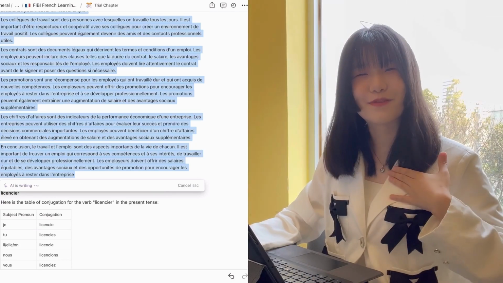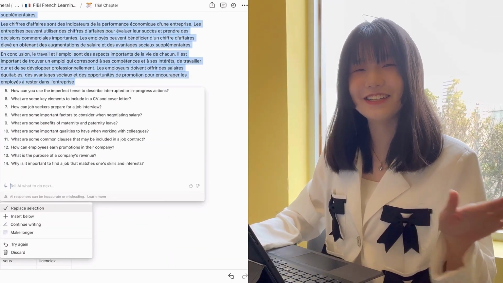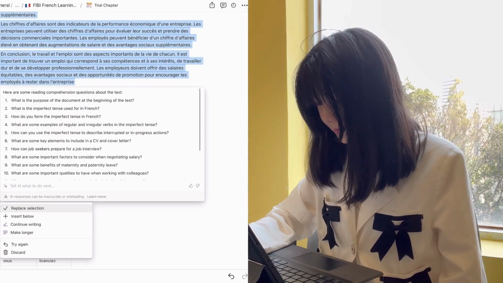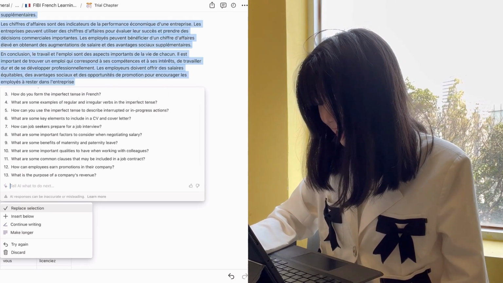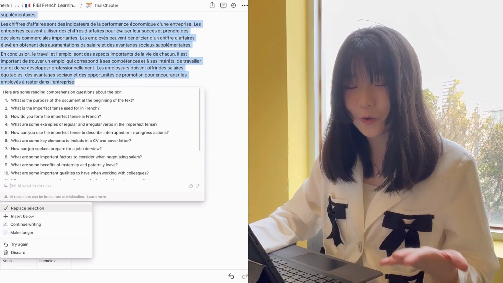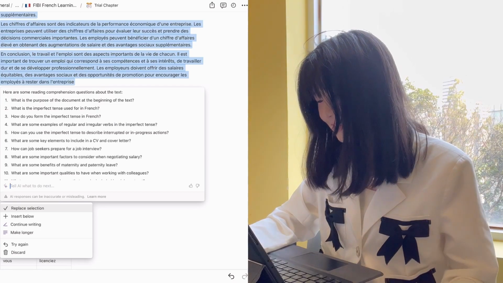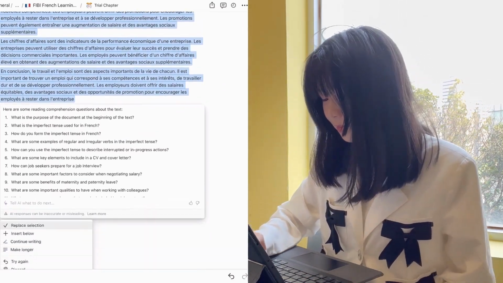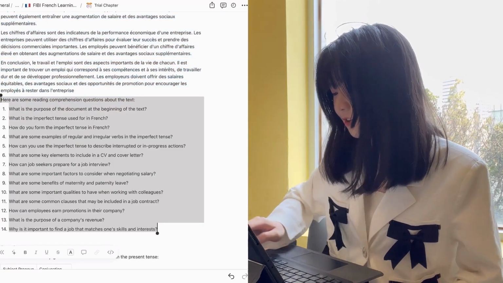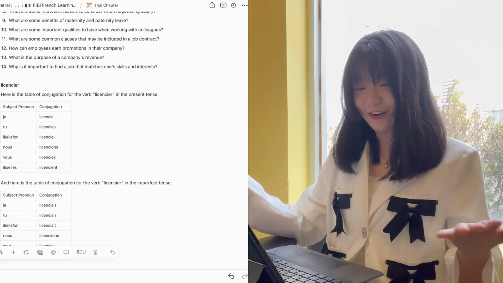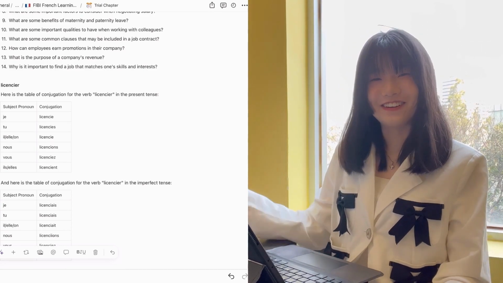I feel like I'm a professor creating learning materials for my student. Now it includes not only the grammatical questions, but also questions related to this article. So I'm going to insert below. These are the questions I'm going to answer. That's already a lot of information for learning.